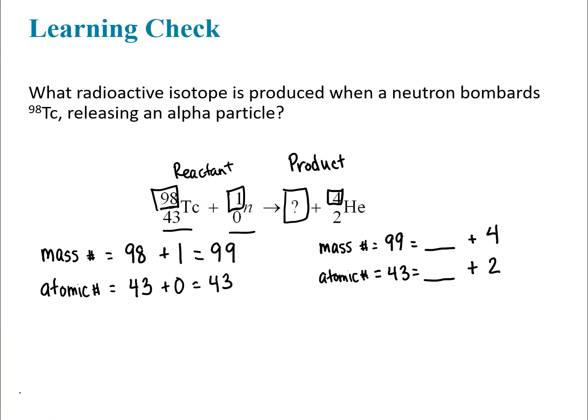When we're figuring out the new mass number for our new element, you have to subtract 4 because 4 is already accounted for from our alpha particle. And the same for the atomic number, you have to subtract 2.